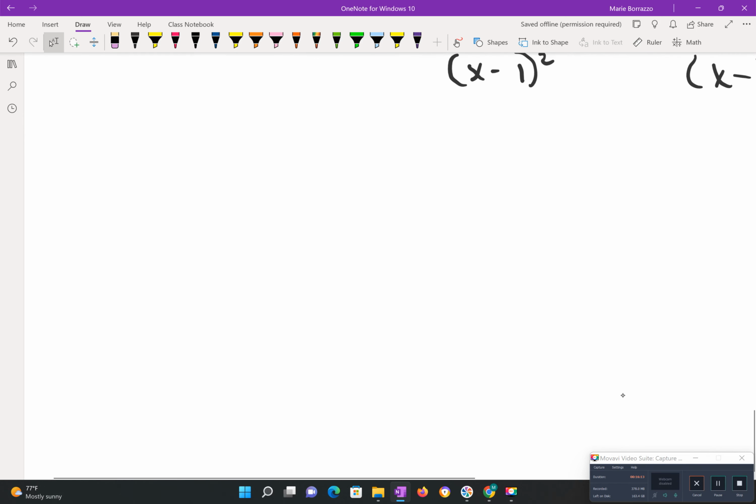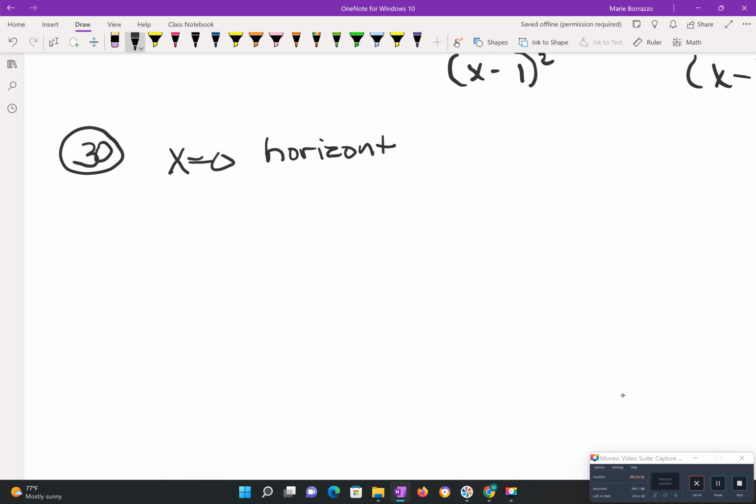All right, number 30. Find the values of x where the tangent line is horizontal to the graph of 4x squared over x plus 2. Horizontal means the slope equals 0. That's what they're referring to, horizontal. Keep that in mind. They're giving us f of x is equal to 4x squared over x plus 2. All right.